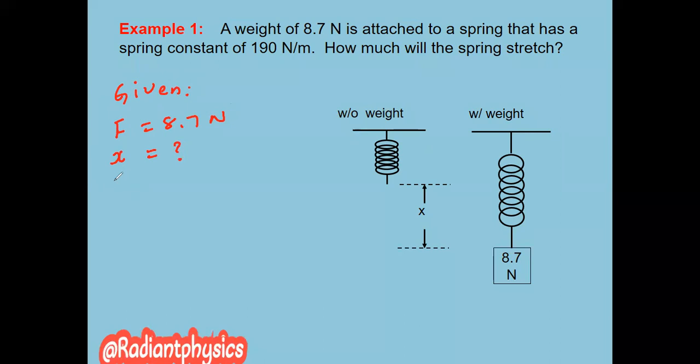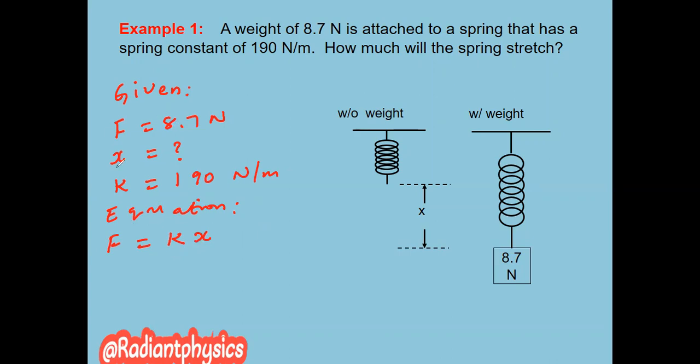And then we have the spring constant K, which is 190 Newton per meter. So the equation we need for this problem is F equal to K times the extension, the X here. And then we just substitute these values into this equation.